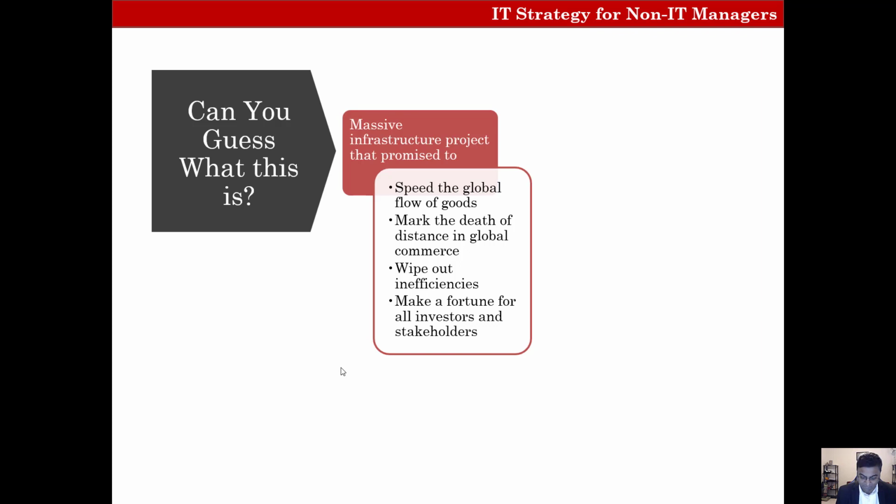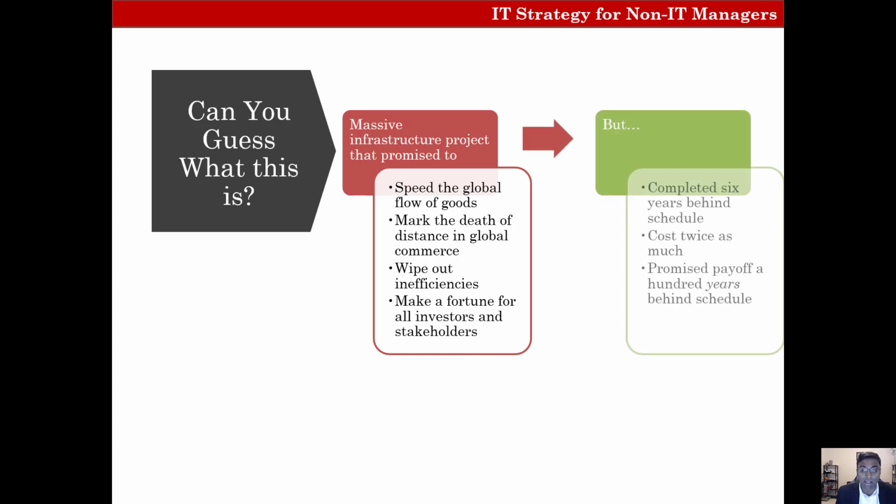This was supposed to be a win-win for all involved, but really what happened was there were unexpected glitches. The investors became paupers. The promised payoff was nowhere to be found. The project was eventually completed 6 years behind schedule and cost twice as much as expected.